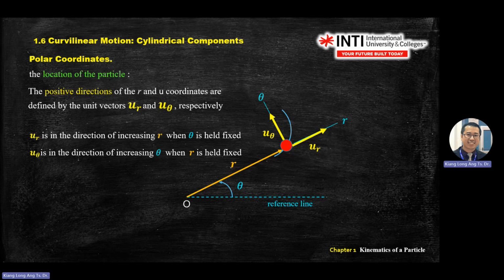It means the r is fixed in this direction, and you move this vector. So the theta is changing. Okay, increasing theta, this one is in the anti-clockwise direction. This is called increasing. Okay, moving backwards is decreasing.